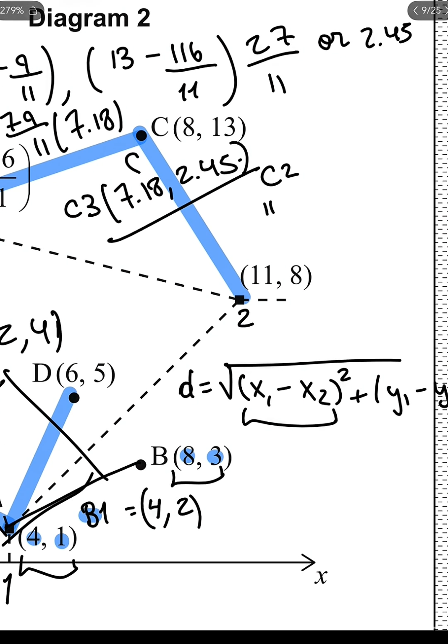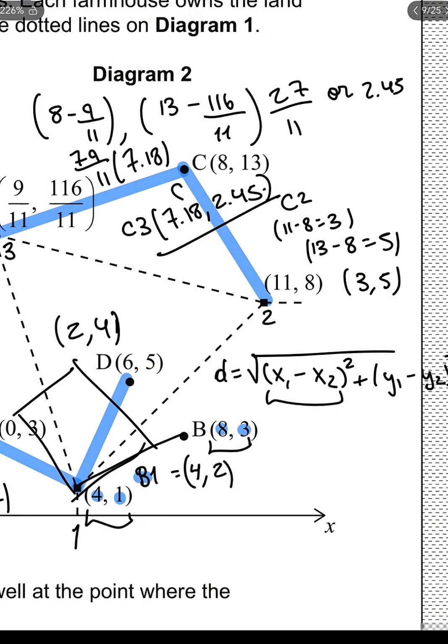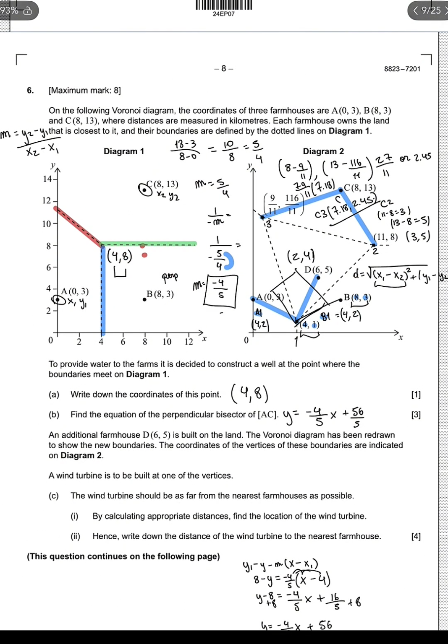So it's 11 minus 8, which is 3 in the x component, and in the y component is 13 minus 8, which is 5, so the distance would be 3 to the power of 2 and 5 to the power of 2. So the largest difference here is between C and 3, right?